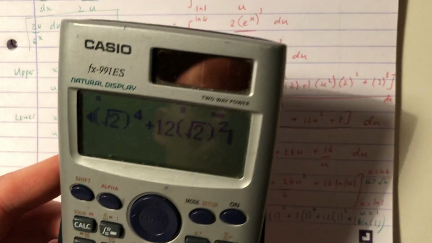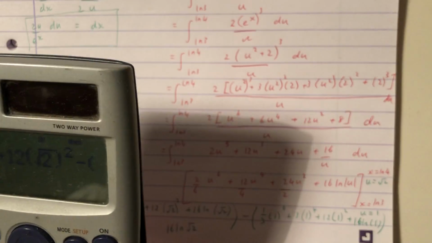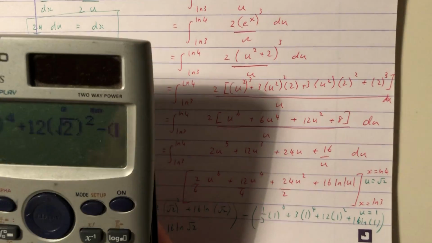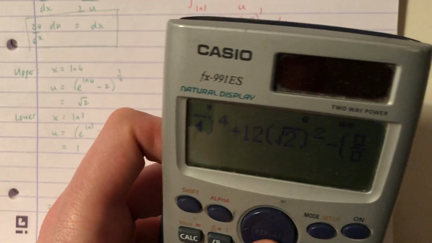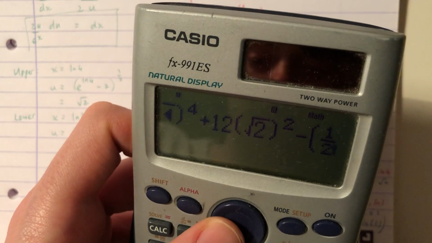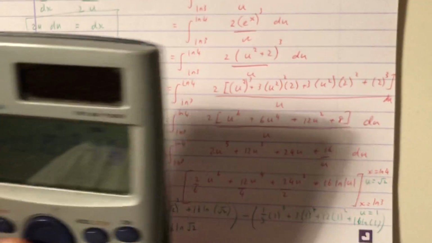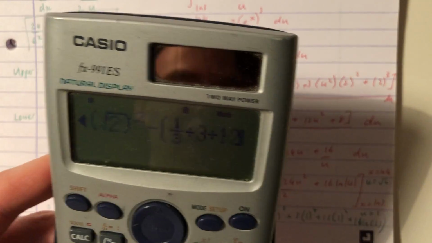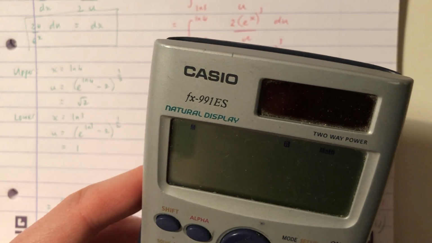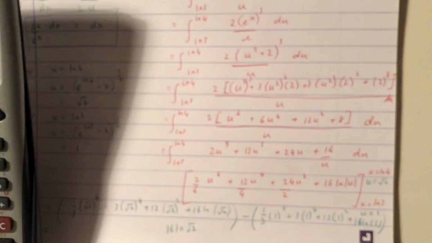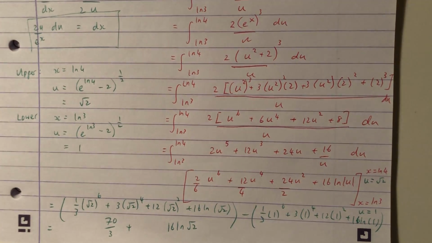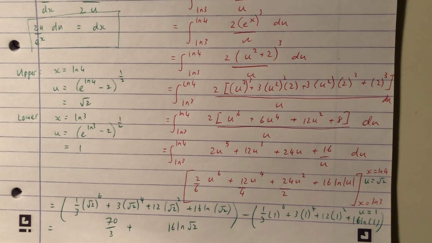And then we are subtracting all of this. So lots of powers of 1 to the power, so it's just quite easy, this one. So subtracting 1/3 plus 3 plus 12. So I reckon the fraction at the start is 70 over 3 plus 16 ln root 2.